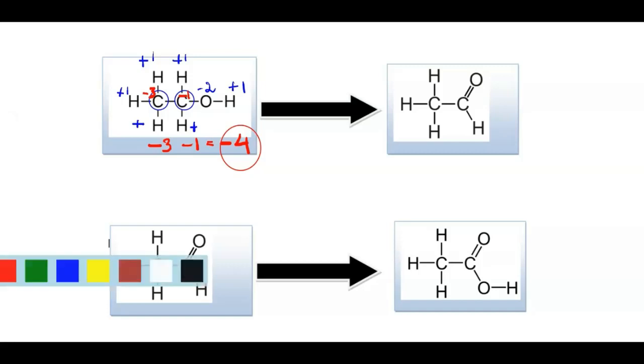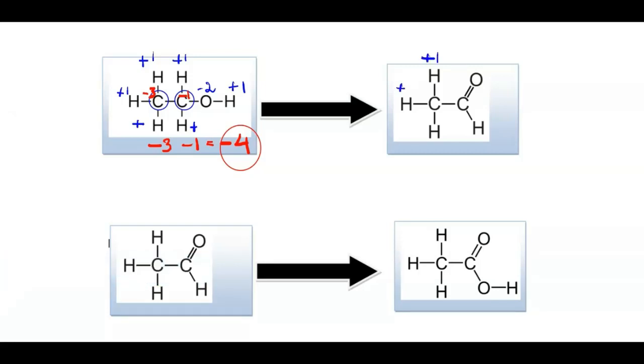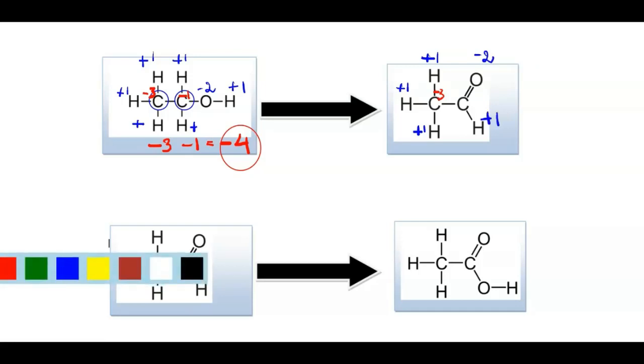Now what is the oxidation state of the aldehyde? We do it in a similar way: +1, +1, +1, and the oxidation state is -3. In a similar way, -2, +1, so we are left with -1, and we put +1 here.